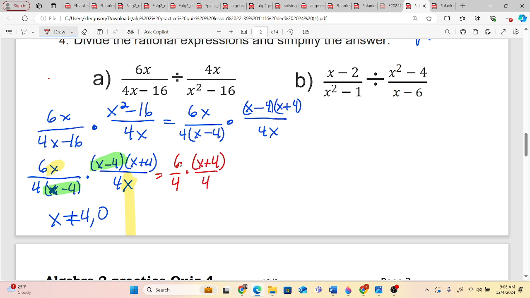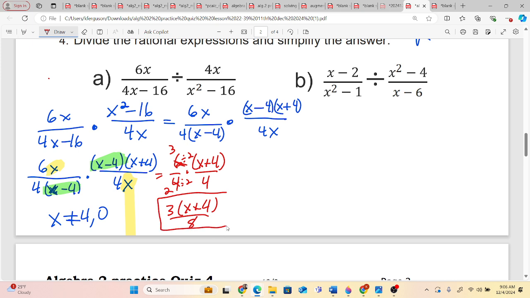Well, I can simplify 6 over 4. Both of those can be divided by 2. So that's going to become 3, and that's going to become 2. Now I just multiply straight across. I'm going to have 3 times x plus 4 over 2 times 4, which is 8.